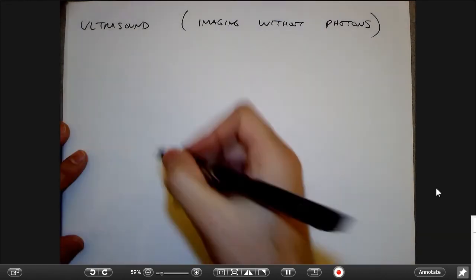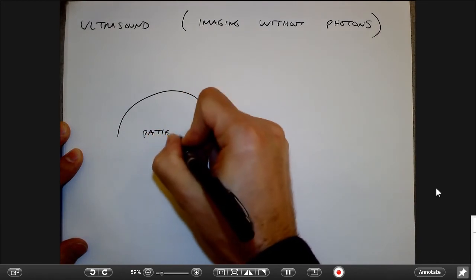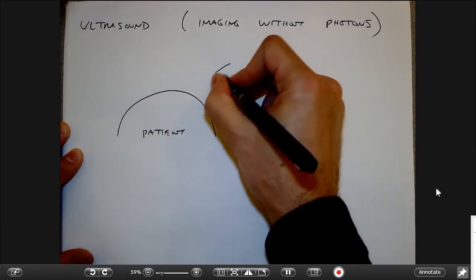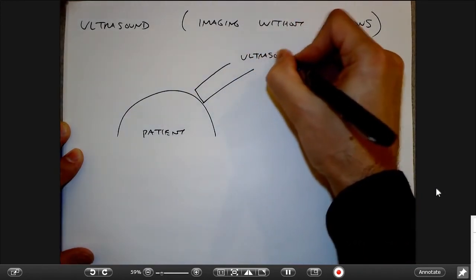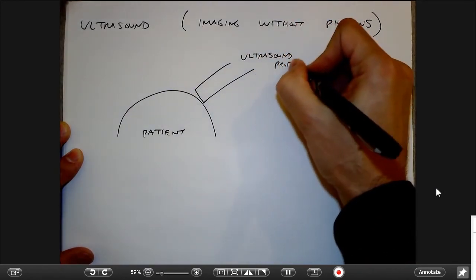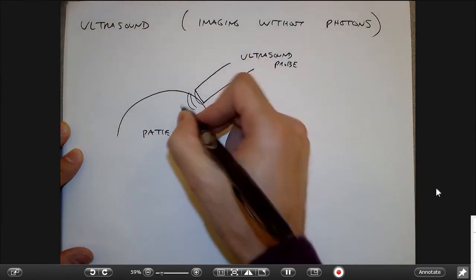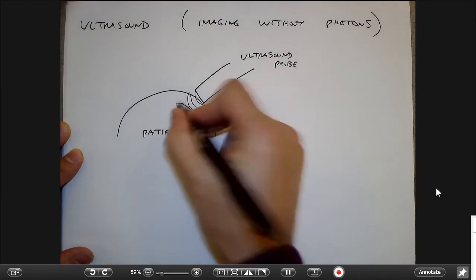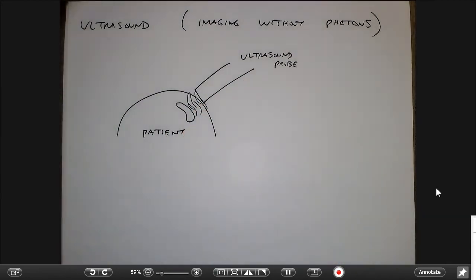What you have is a patient, and you have an ultrasound probe. And this thing is basically pulsing sound waves that you can't hear inside the patient, and structures inside the patient are bouncing back to the detector.